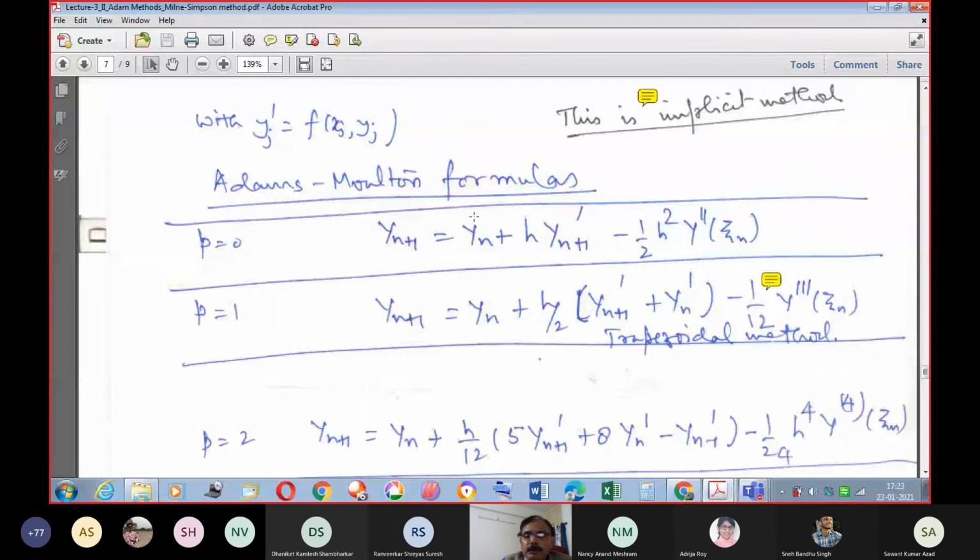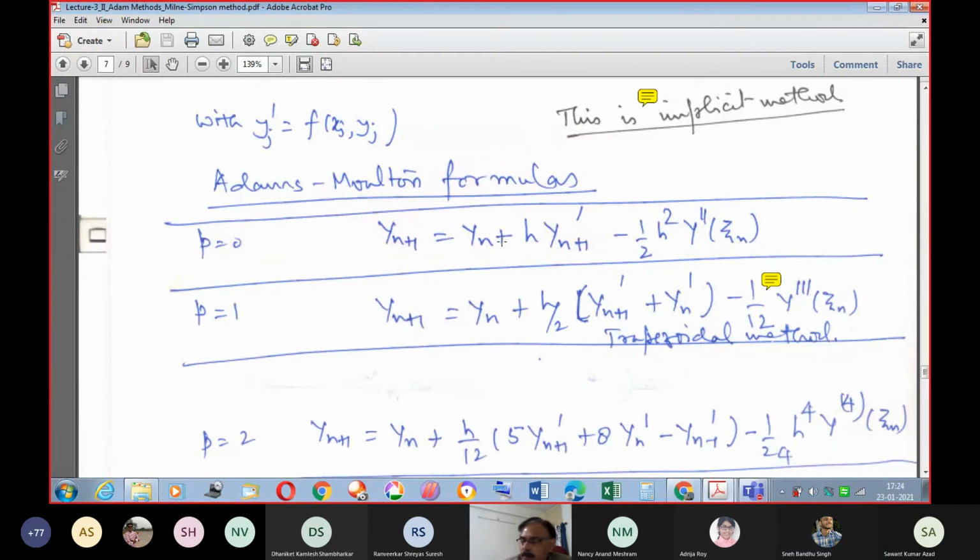So if you see this one, will this be an explicit method or implicit method? Implicit. So these Adams-Moulton methods are basically implicit methods. Adams-Bashforth methods are explicit methods. Is that clear? Yes, sir. Okay.